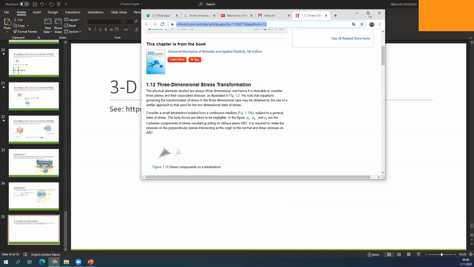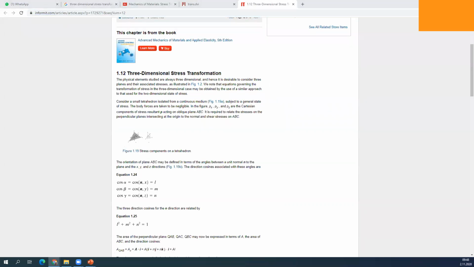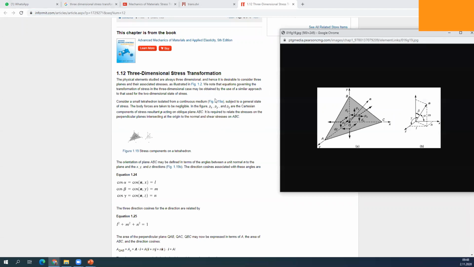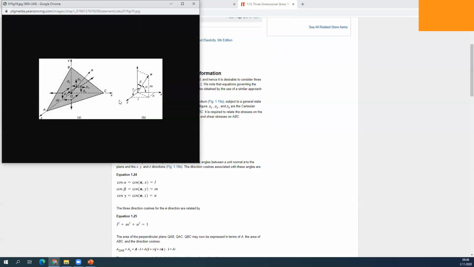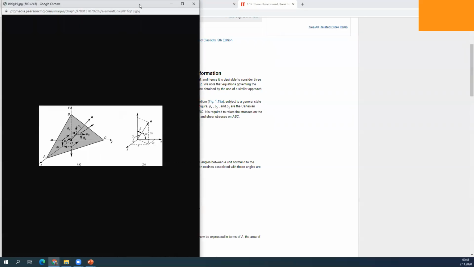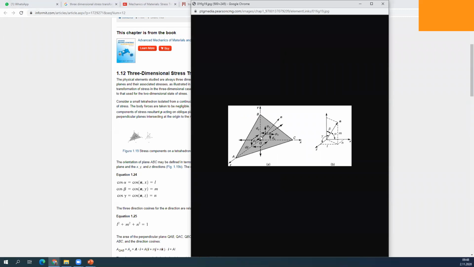In the 3D stress transformation, I want to show you this figure. This is the general state of stress. You can see sigma x, sigma y, sigma z, and tau xy, about 9 stress parameters, a 3 by 3 matrix. To convert this system, instead of a triangle, we put a pyramid.